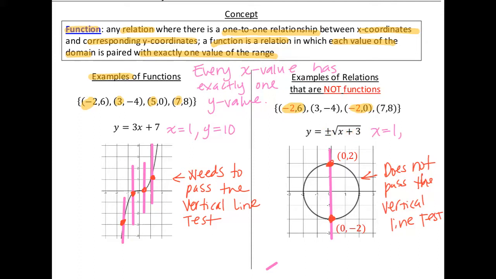So this is telling me that I have a y of 2 and a y of -2. So my x value of 1, I actually get 2 y values. So that is not good. That is not a function. Okay. So the main thing is, again, in order for it to be a function, every x needs to have exactly 1 y value.